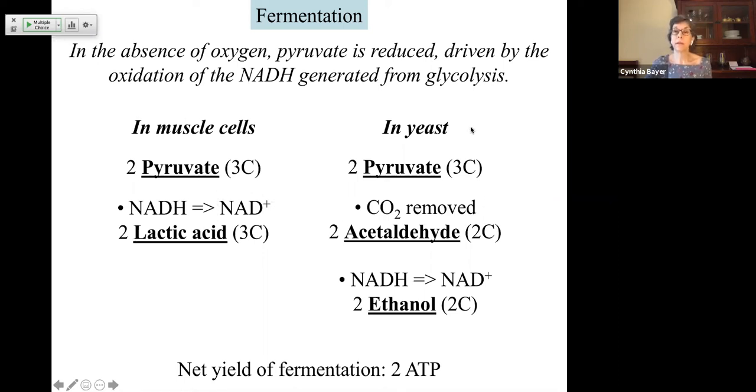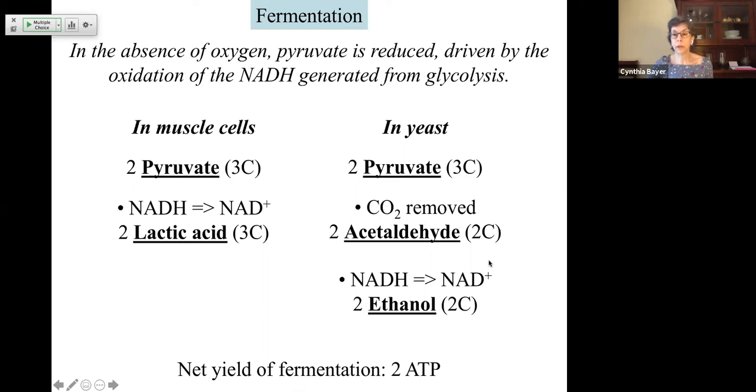In yeast, used in brewing or baking, as well as in some bacteria under anaerobic conditions, pyruvate is converted first to acetaldehyde, and the pyruvate loses a fully oxidized carbon in the process, and then the acetaldehyde is reduced to ethanol.